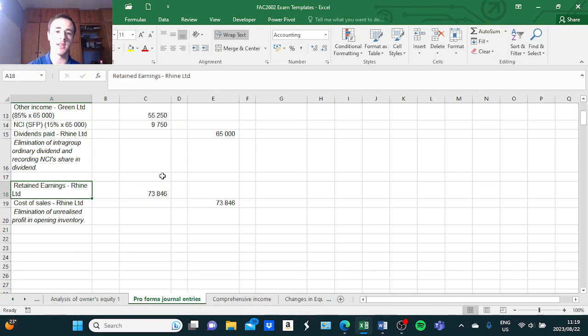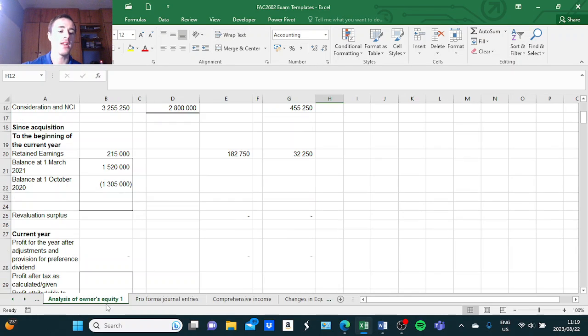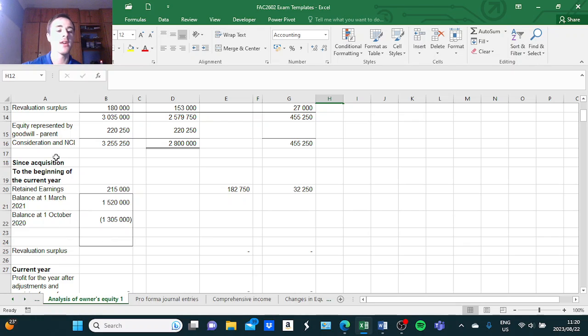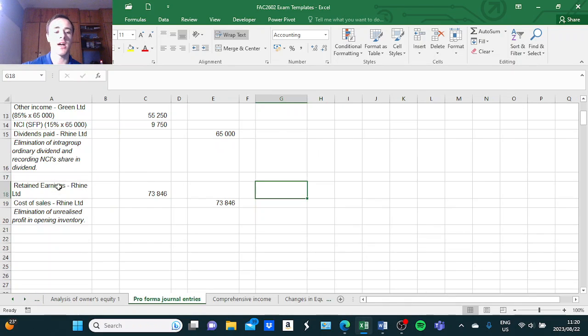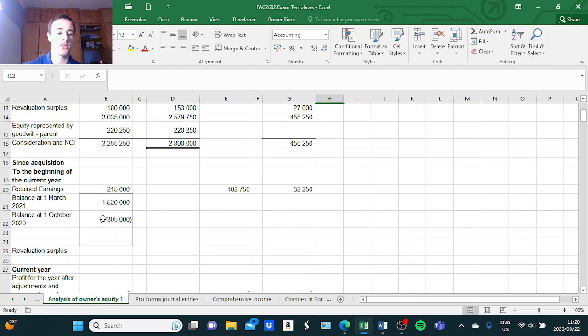This component of the journal entry will be shown in the analysis of owner's equity, in the since acquisition to the beginning of the current year section. Because the subsidiary's retained earnings is affected, we need to show this adjustment in this section.